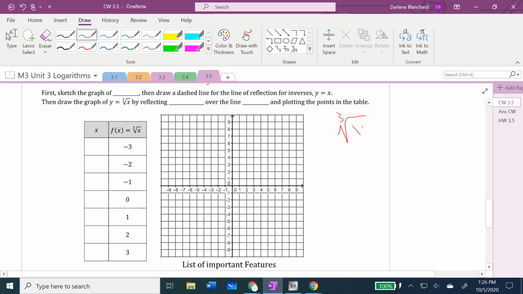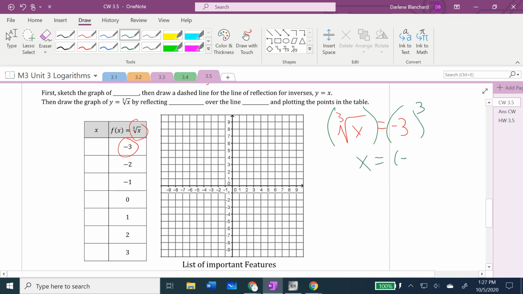Cube root of x. If the cube root of x is equal to -3, what was the x? So what number do I take the cube root of and I get -3? There you go, -27. And one thing you can do is you can third power both sides.